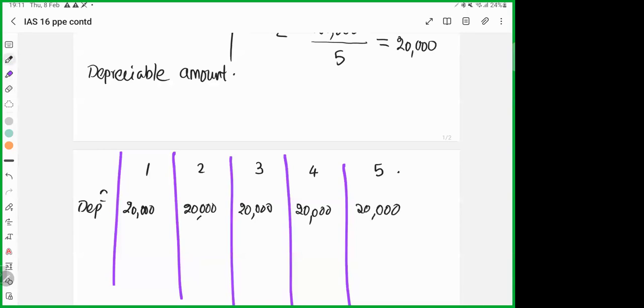Every year in the P&L, in your profit and loss account, you will be showing depreciation expense. How much? 20,000. Very good. Now, there is something called accumulated depreciation. At the end of every year, what would be the total depreciation so far?